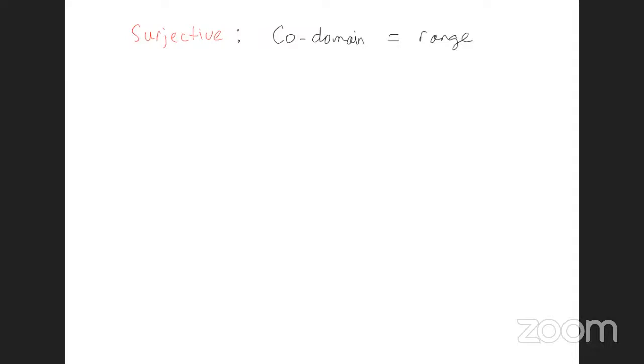What does it also state? This also states that the set of images of the domain.